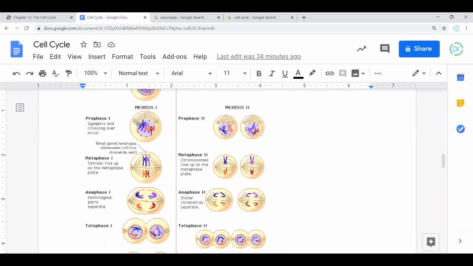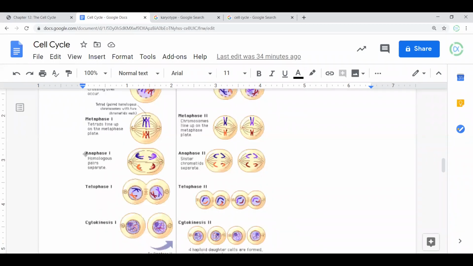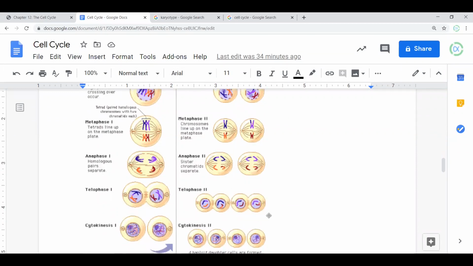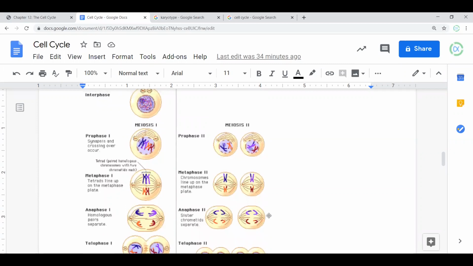For meiosis 1, I forgot to mention this, but we name all of the steps: prophase 1, metaphase 1, anaphase 1, and so on. But in meiosis 2, we call them prophase 2, metaphase 2, anaphase 2, telophase 2. In prophase 2, now it will be exactly like mitosis.